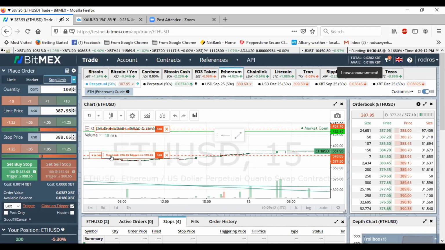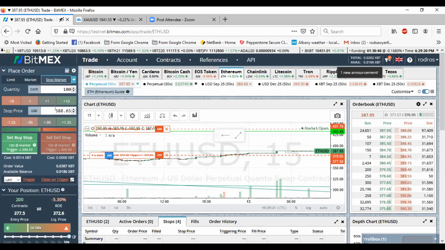But at market value, if the market hits 388.65, it's going to close your position at whatever the market value is, which most of the time will be 388.65. But if the market's moving really fast, some might close at this and some may close a bit higher or lower. But at least on the stop market, they are all going to get closed.